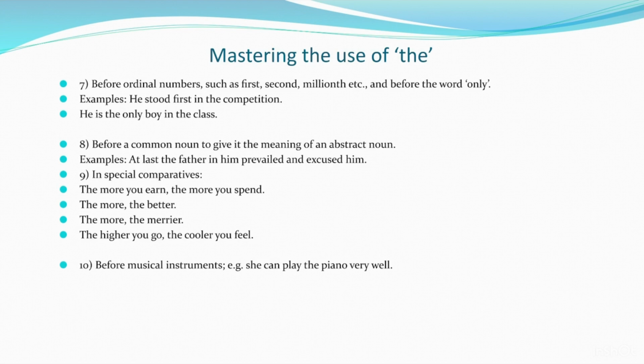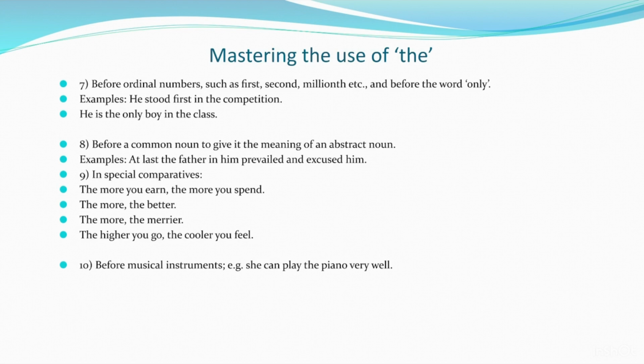Now, in this particular sentence, when we use the article the with father, then we are converting this into an abstract noun. Here the word father means the fatherly nature, the fatherly emotions or sentiments. At last the father in him prevailed and excused him. His fatherly love prevailed in him and he excused him.